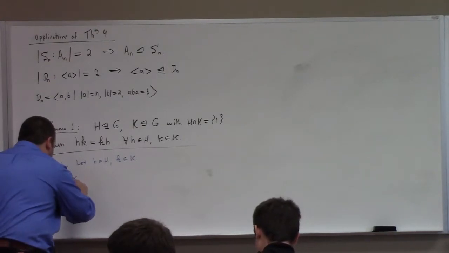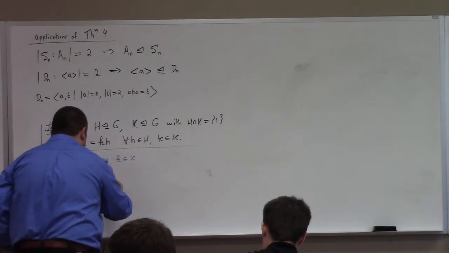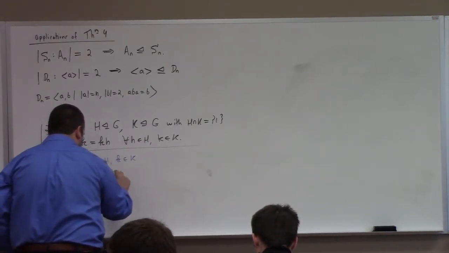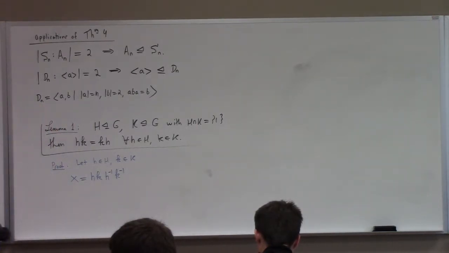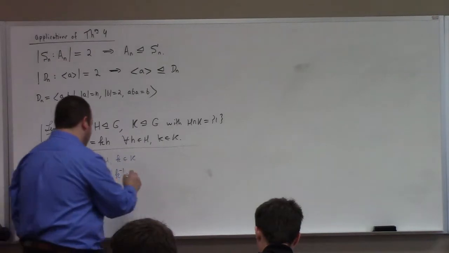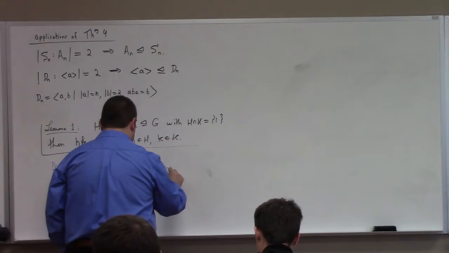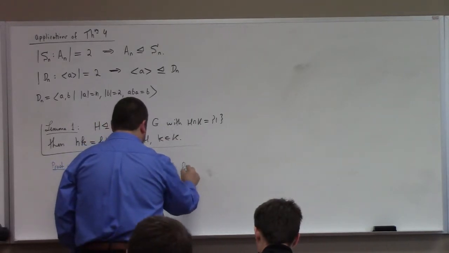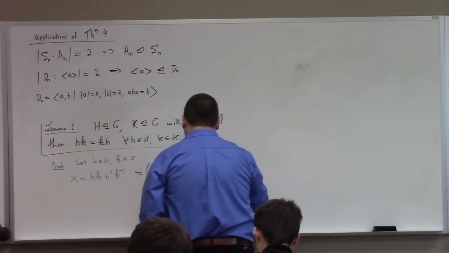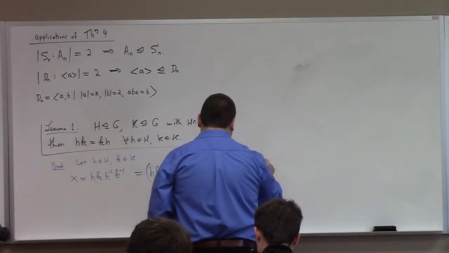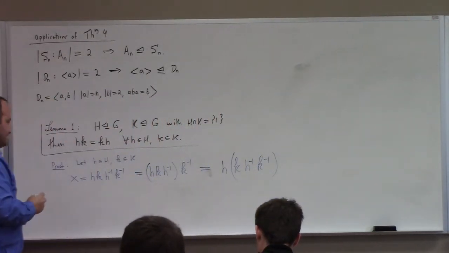So x equals hkh⁻¹k⁻¹. It's just a matter of interpretation, guys. On the one hand, we can write this as hkh⁻¹ times k⁻¹. On the other hand, we can write this as h times kh⁻¹k⁻¹.